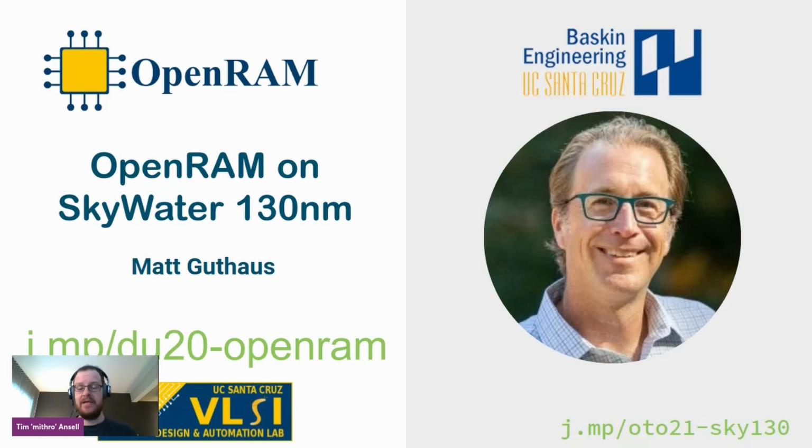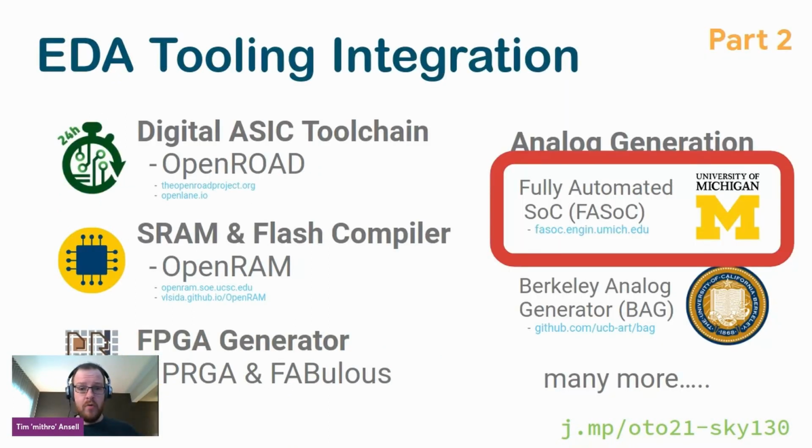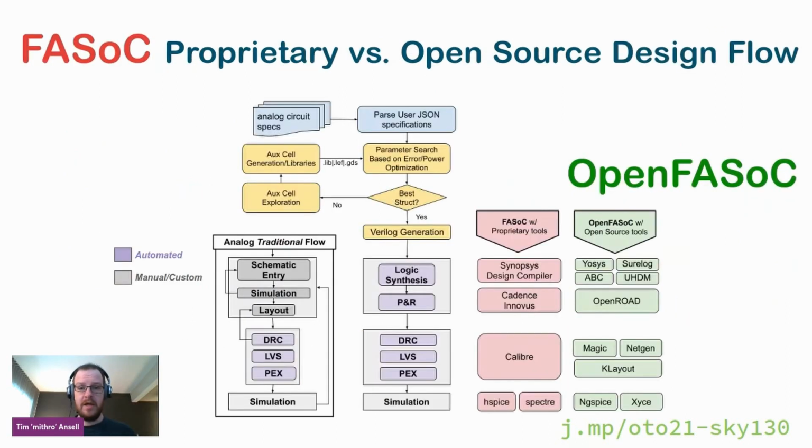As well, one of the key things was how do we improve analog automation? And so I had two areas that I was looking at. One was FASOC from University of Michigan. When I started, FASOC was mainly focused on the proprietary tools.